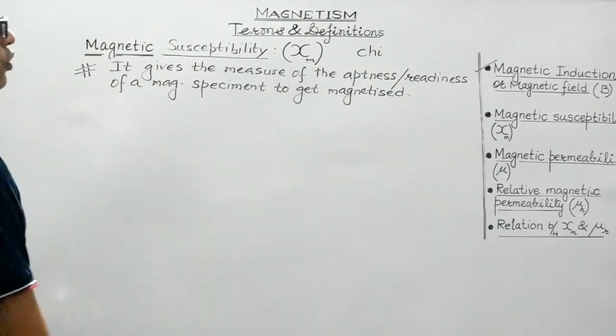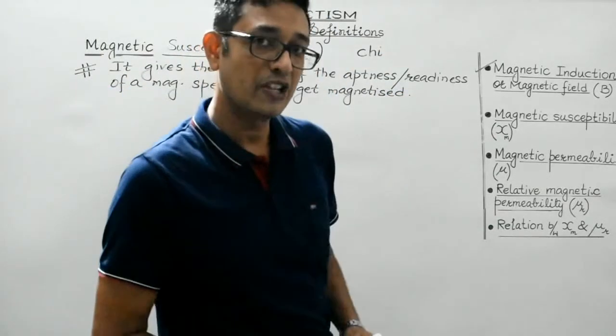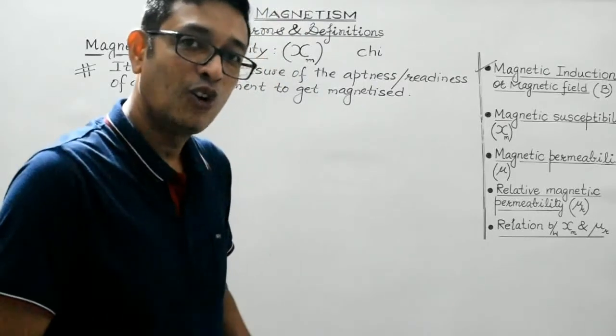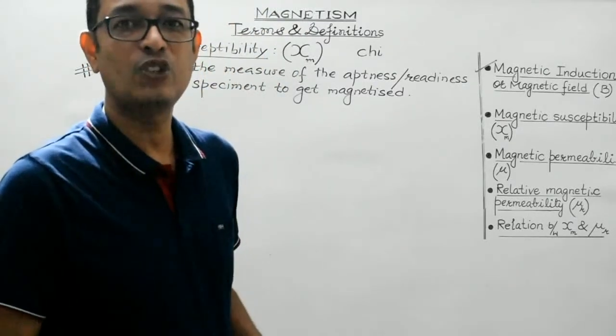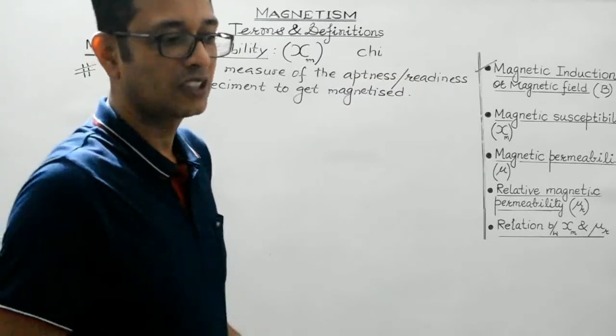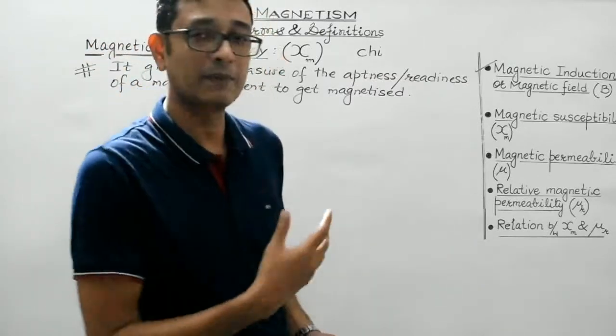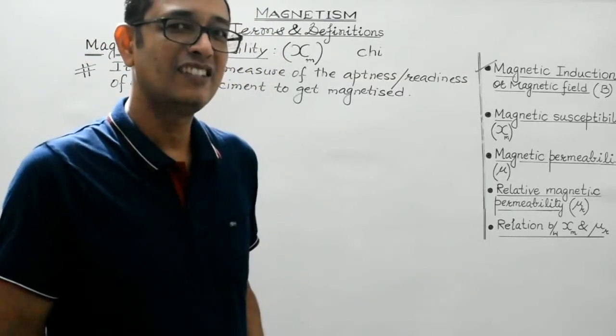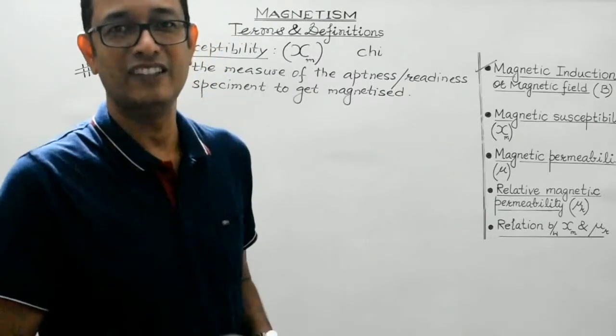Clear? So it is the physical quantity which gives the measure of the aptness or the readiness of a magnetic specimen to get magnetized. Those substances having high value of magnetic susceptibility means that they get magnetized very quickly, readily.